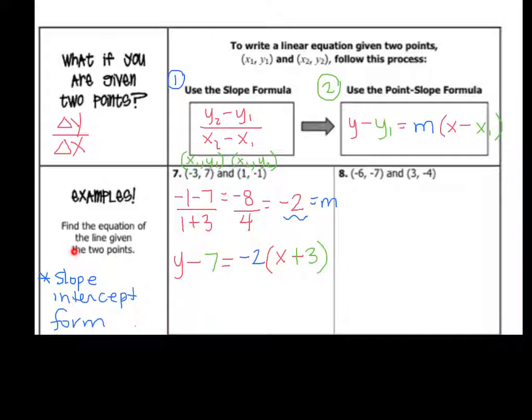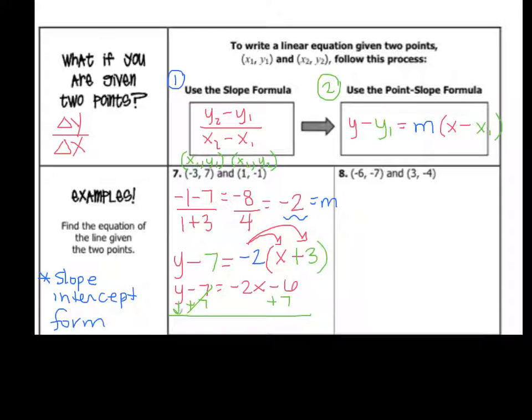Now the last thing we're going to do is put it in slope-intercept form just to make it more user-friendly. I'm going to distribute my negative 2. So I have y minus 7 equals negative 2x minus 6. I still want to get y by itself, so the opposite of subtracting 7 is to add 7 to both sides.